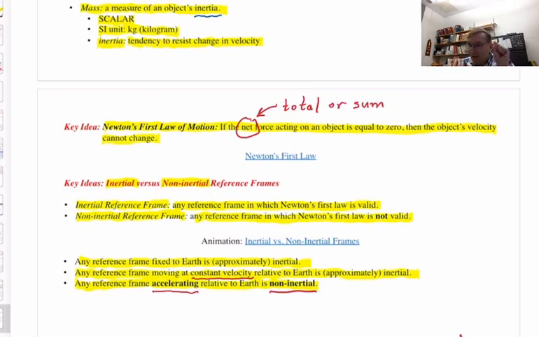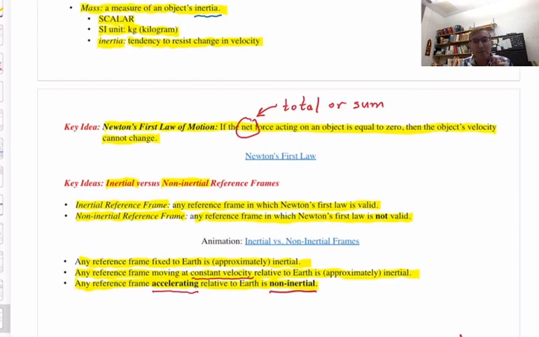So we will never do a homework problem or any kind of dynamics analysis from one of these non-inertial reference frames. We will avoid them judiciously. Frame B in the animation I just showed you was an example of a non-inertial frame. Because of the springs that were causing frame B to oscillate back and forth, frame B was accelerating relative to the Earth.